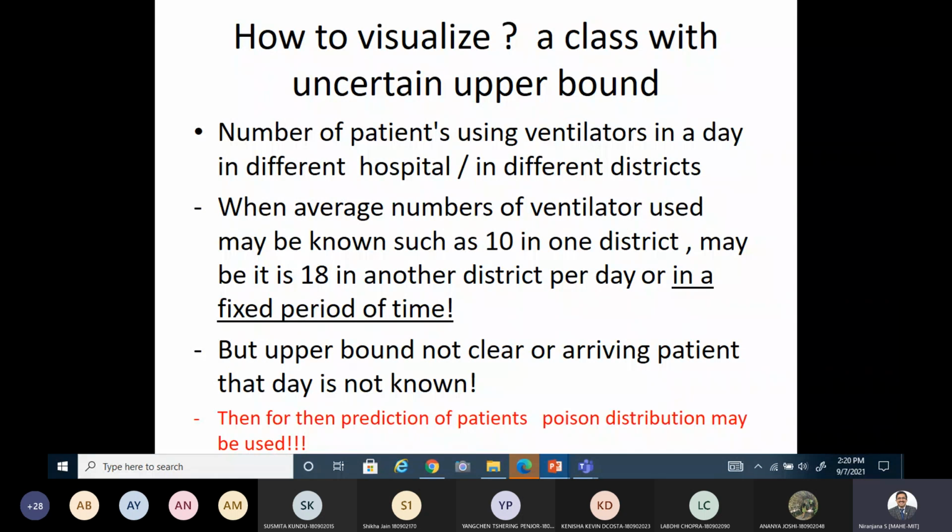Now, how to visualize a class with uncertainty when the upper bound is not defined, right?